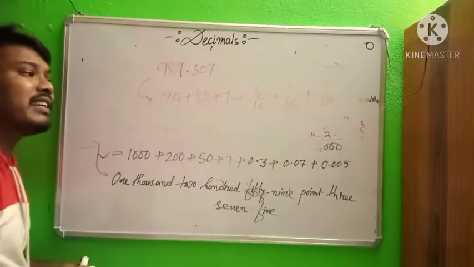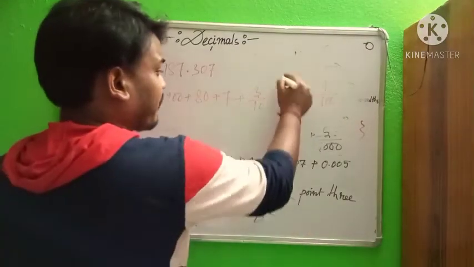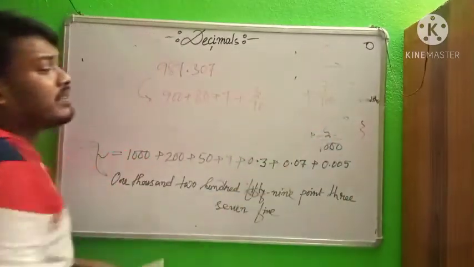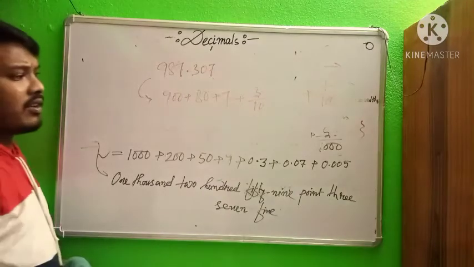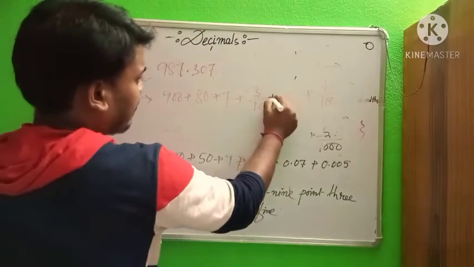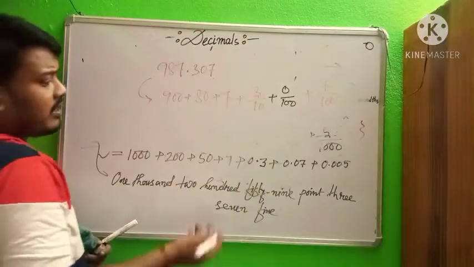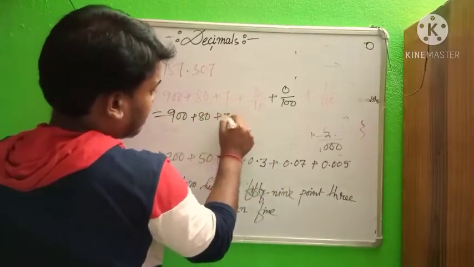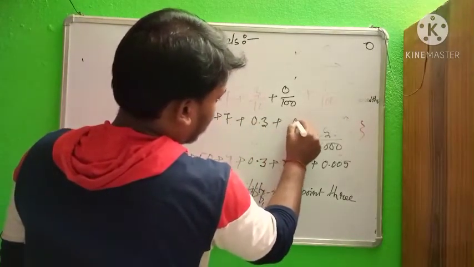But 0 by any number equals 0. So if you do not write this value, only write this one, then also your answer is correct. Okay, so if you write 0 by 100 then also correct, if you do not write 0 by 100 then also correct. That means 900 plus 80 plus 7, 3 by 10, that means 0.3, plus 0.007.